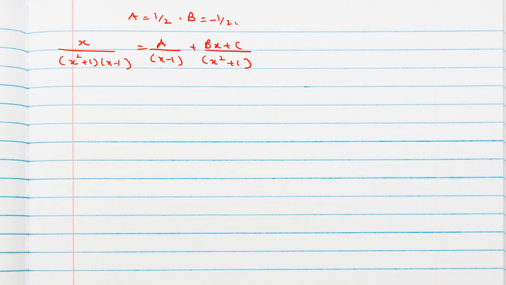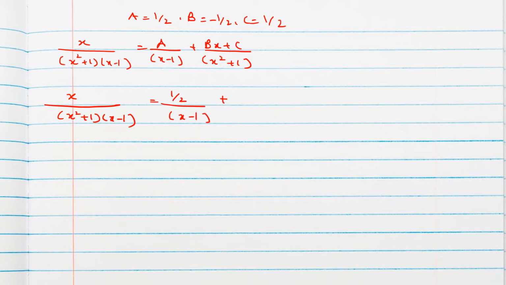So the equation is x by (x square plus 1)(x minus 1) equals A by x minus 1, and (Bx plus C) by x square plus 1. A value we got as half, B value is minus half, and C value is half. So all these A, B, C values will be substituted here. So 1 by 2 divided by x minus 1.